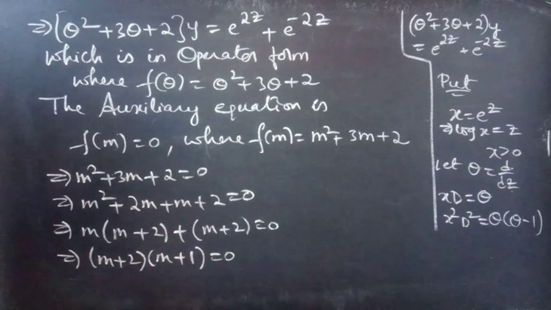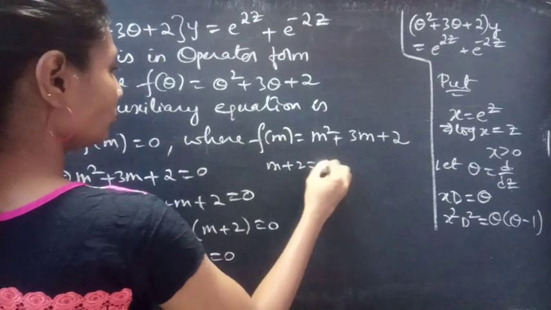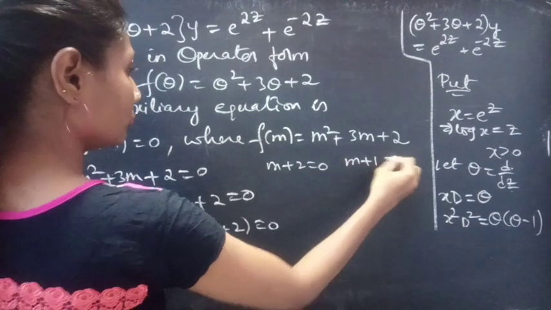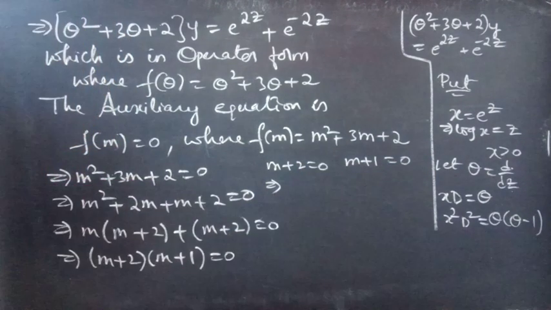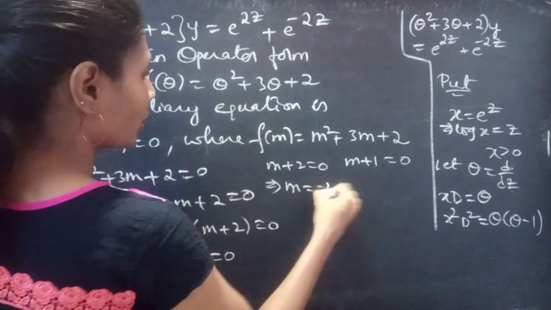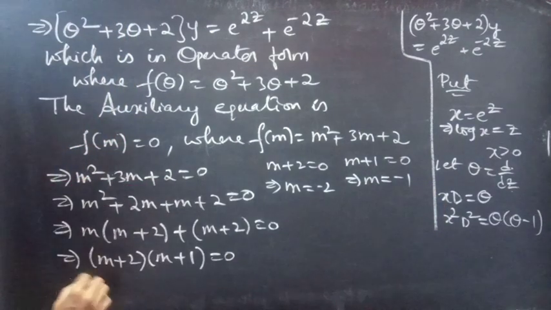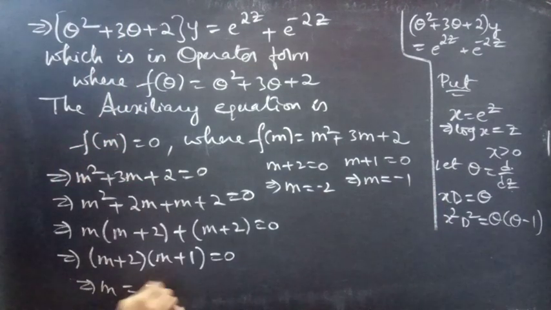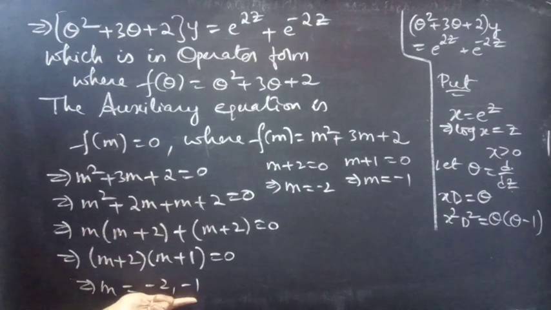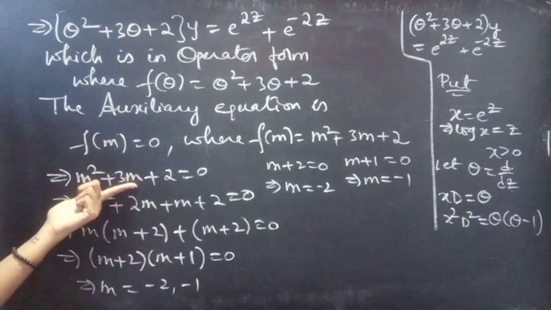Now we equate each factor to 0 to get the roots. From m plus 2 equals 0, we get m equals minus 2. And from m plus 1 equals 0, we get m equals minus 1. So the roots are m equals minus 2 and minus 1, which are real and distinct, or we can call them real and different.